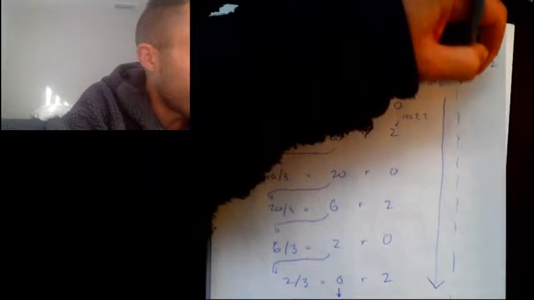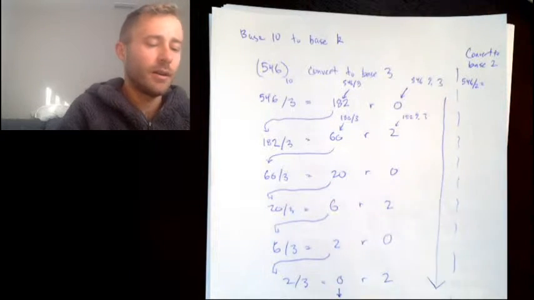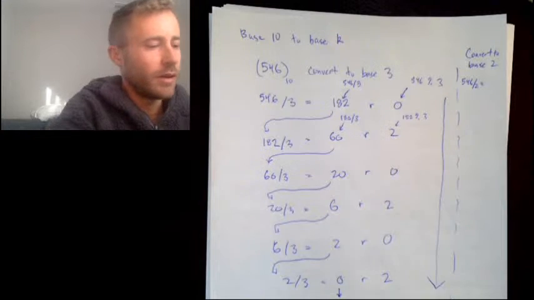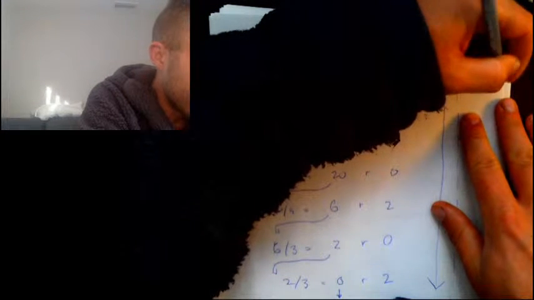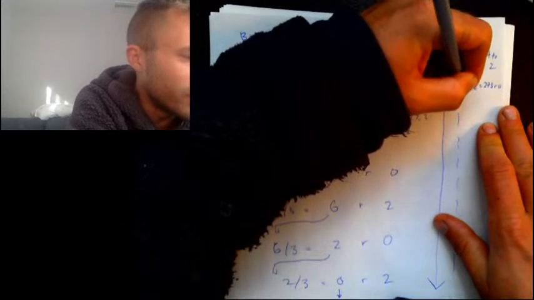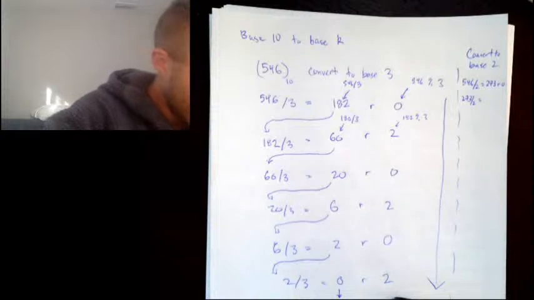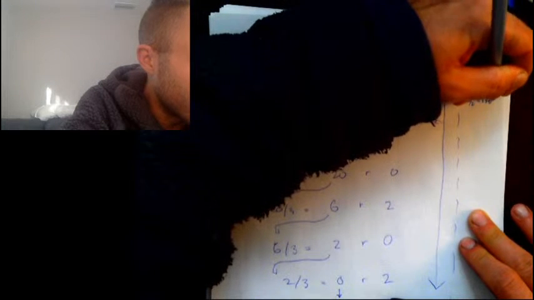So 546 divided by 2 is equal to 273, remainder 0. Then I do 273 divided by 2. That's equal to 136, remainder 1.